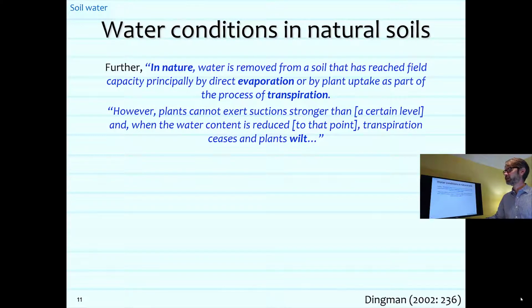In nature, water is removed from a soil that's reached field capacity principally by direct evaporation or by plant uptake as part of the process of transpiration. However, we know that plants cannot exert suction stronger than a certain level, and when the water content is reduced to that point, then transpiration ceases and plants will begin to wilt.